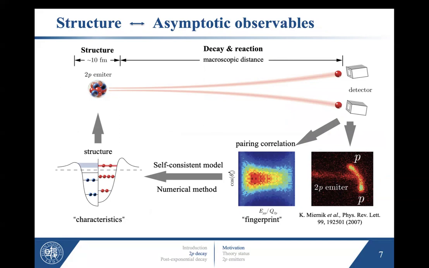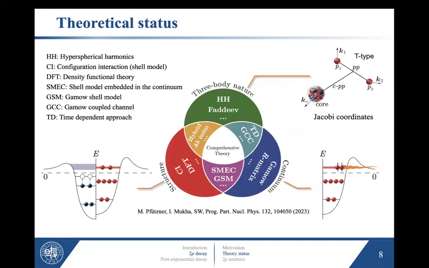But of course, this is a big challenge for theoretical studies because for this open quantum system, there are many different aspects we need to take care of properly. For example, the structural aspects, because these systems are located near the dripline, so they are often accompanied by exotic structures, and it is a decaying system, so we need to treat the continuum properly.